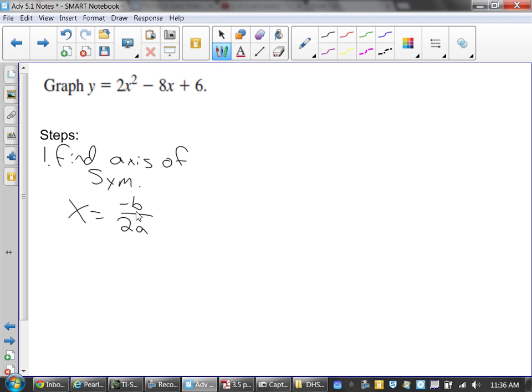So in our example here, we have 2x squared minus 8x plus 6. What's the opposite of b here? 8, good. So our example gives us 8 over 2 times 2, otherwise known as 2.